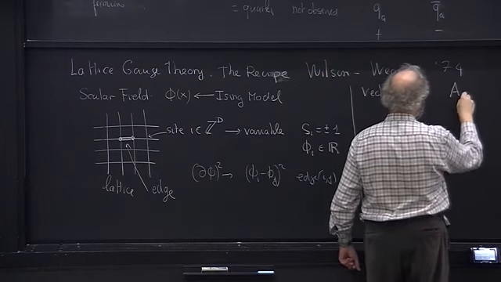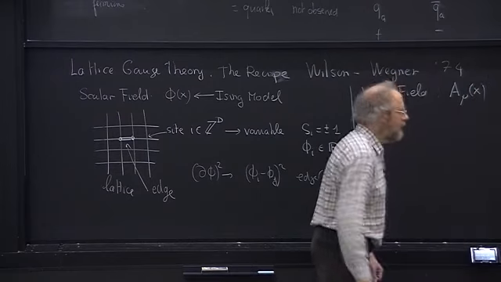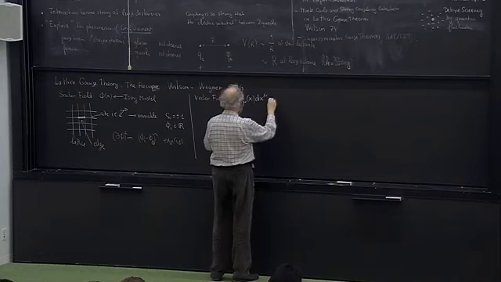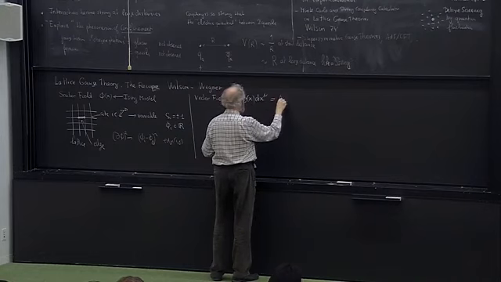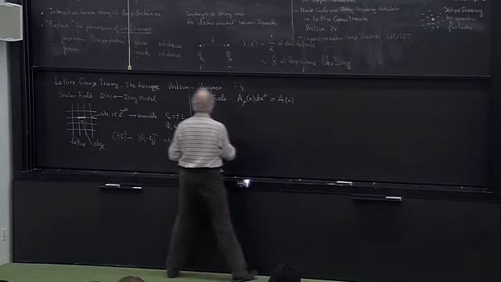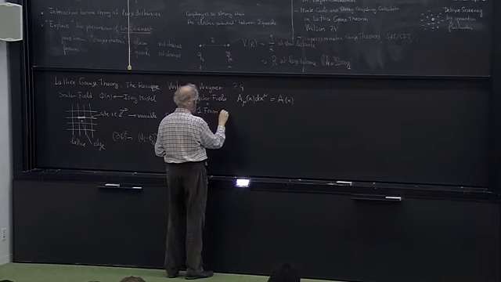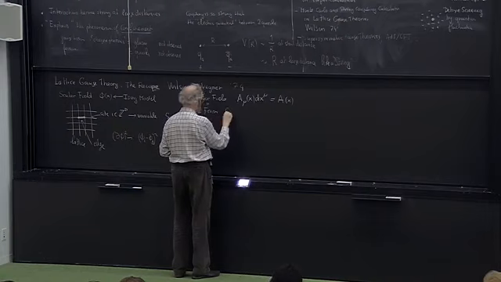So the field is A_mu of x, but rather than thinking of A_mu of x, view this as a one-form, which is a connection.